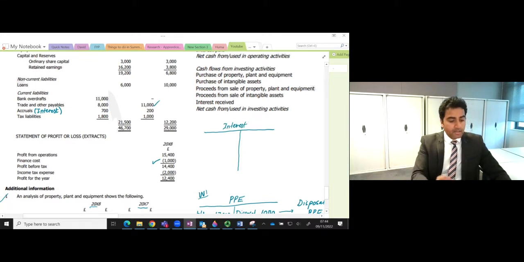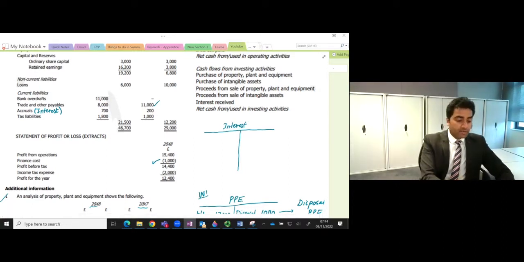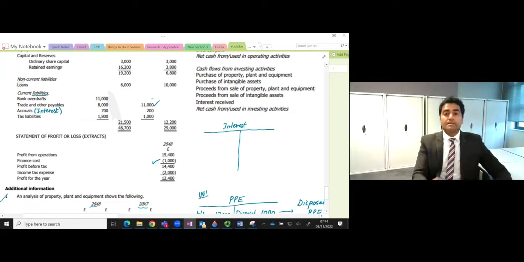Now, as you can see in the question, the interest figures are recorded as accruals, and they are recorded as liabilities in the statement of financial position. So I can say that this is a liability account by nature, interest payable.